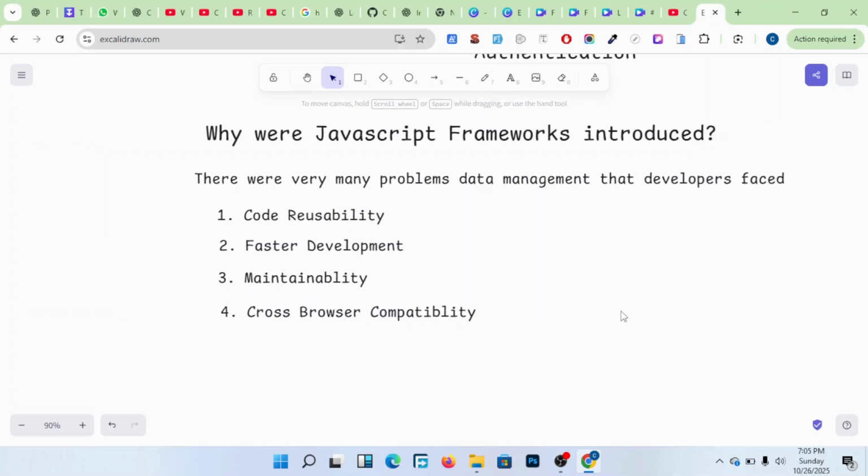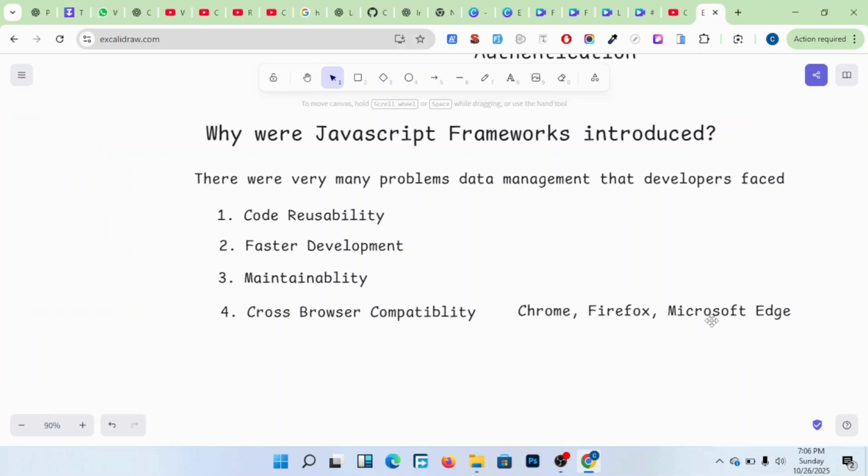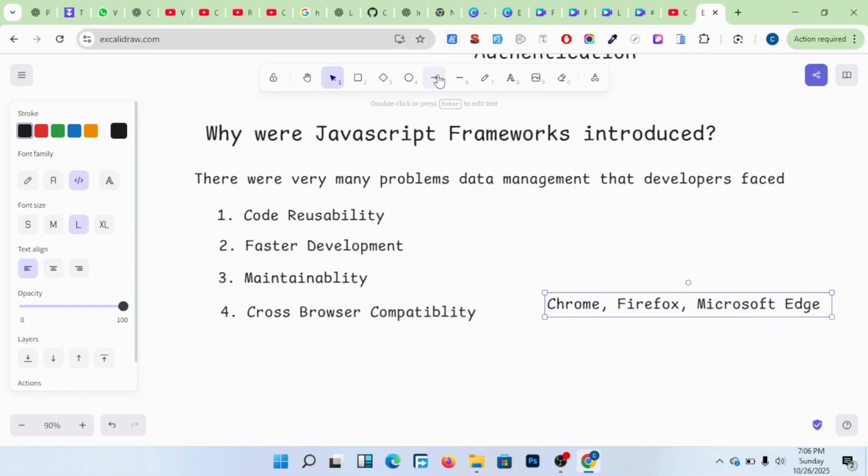You can build your application in HTML, CSS, and JavaScript, and it's compatible on Chrome, but not compatible on Firefox. Or it can be compatible on Firefox while Microsoft Edge or another browser is not compatible.